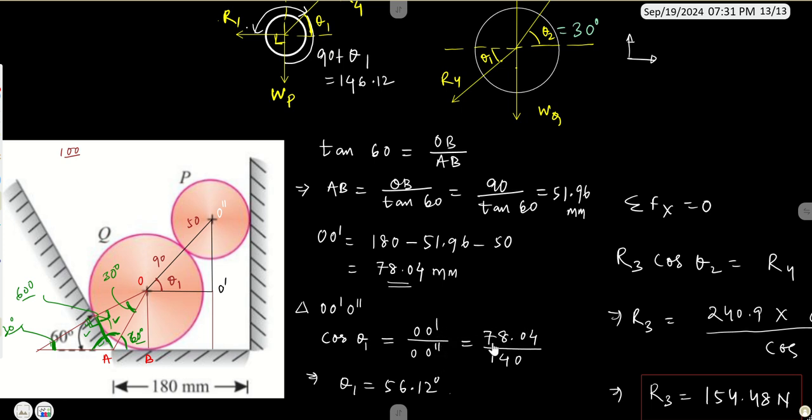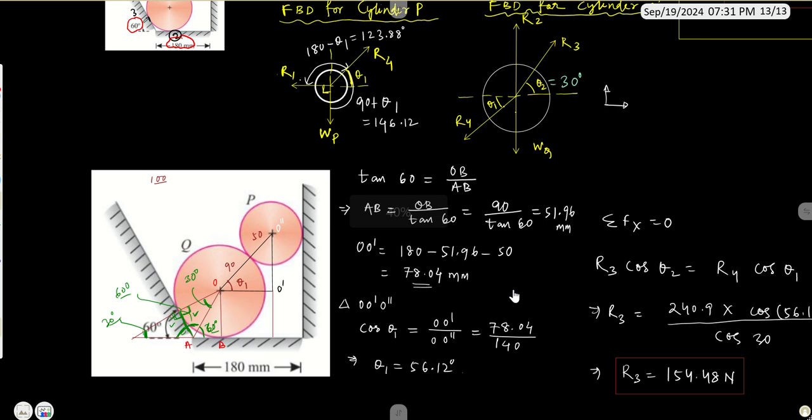I just put it over here, that is 78.04 divided by 140, and from this, I calculated the value of theta 1, which is equal to 56.12 degree, right? So we calculated the value of theta 1, that is equal to 56.12, and previously we found out the value of theta 2, that is 30 degree, right?